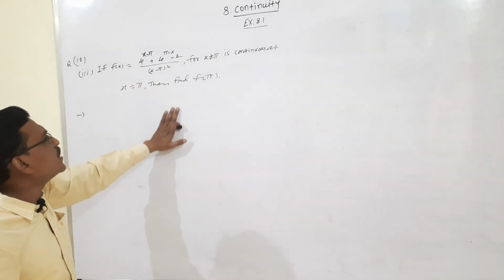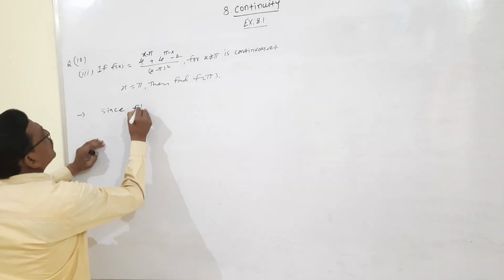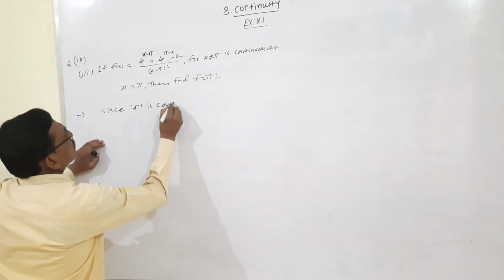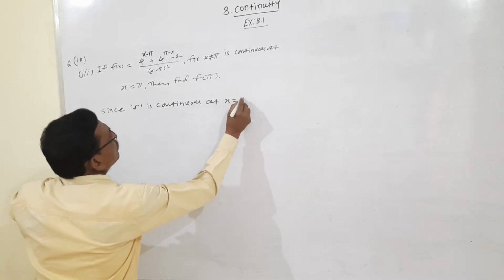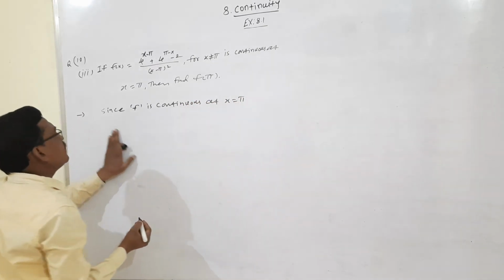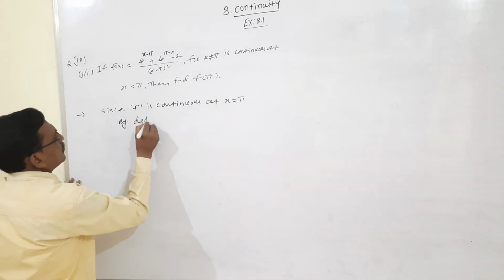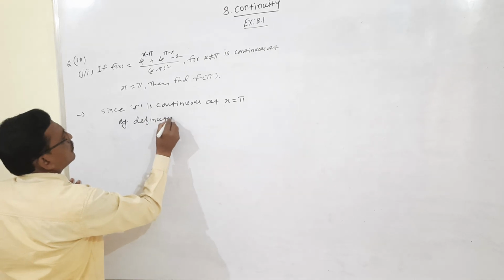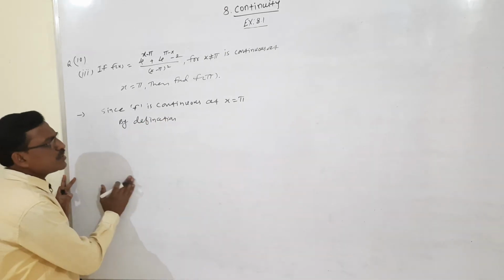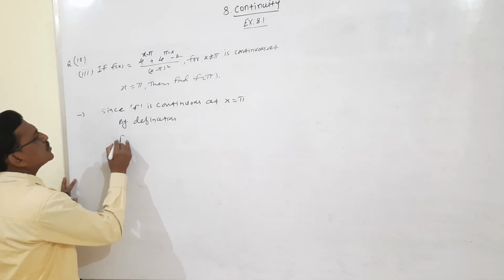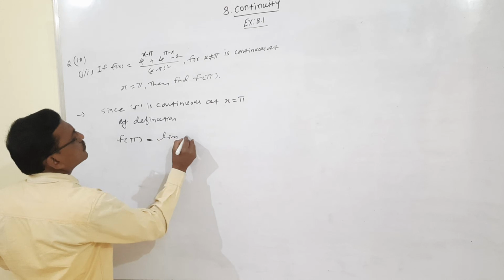Already the function is continuous. Since f is continuous at x equal to pi, by the definition of continuity, the limit of that function is the function value at that point.